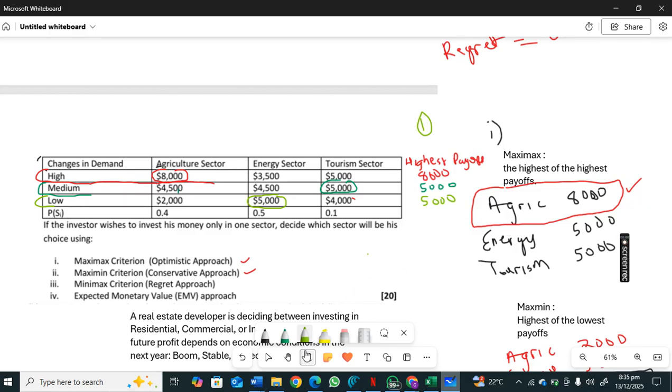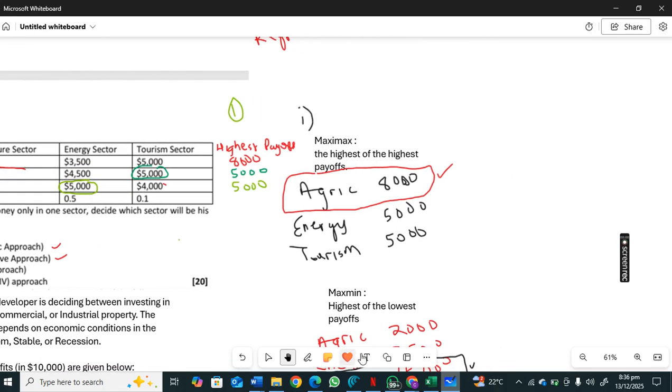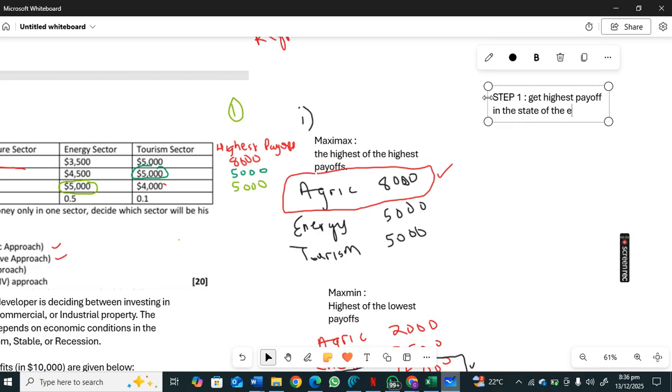Step 2, calculate the regret. So let me put it here. Step 1, get the highest payoff in the state of the economy. In this case, change in demand.